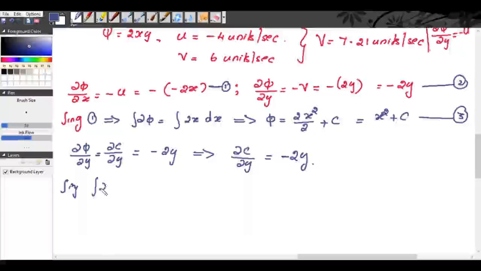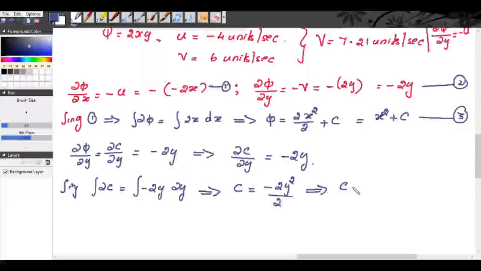Now integrating, we get integration of dou c is equal to integration of minus 2y into dou y. So from which we get c is equal to minus 2y square by 2, from which c is equal to minus y square.